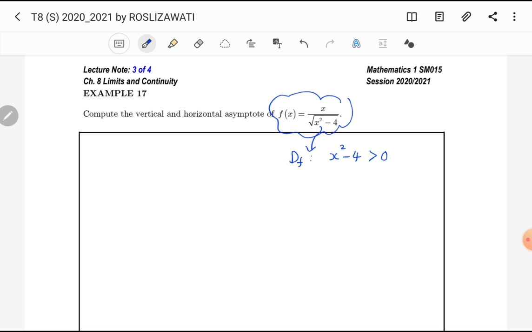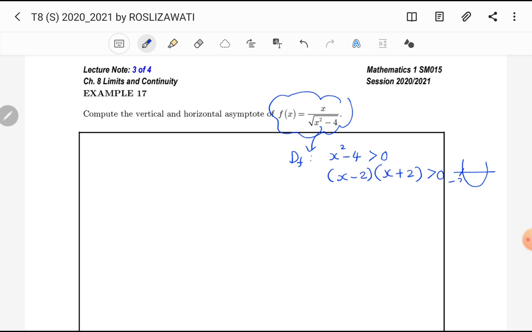Kalau surd duduk ke atas, dia kena ada greater equal lah. But for this case, surd as the denominator. So dia without equal. So we try to factorize. So we will get x minus 2 times x plus 2 more than 0. And we can draw a quadratic graph more than 0.